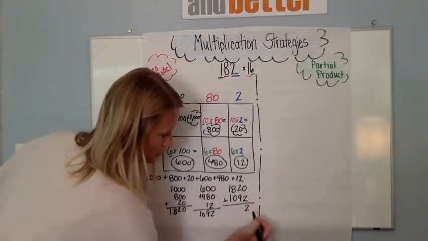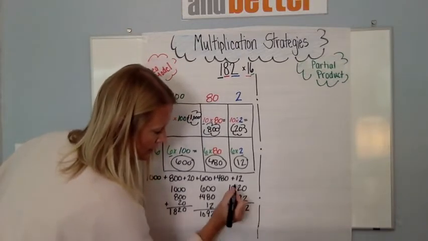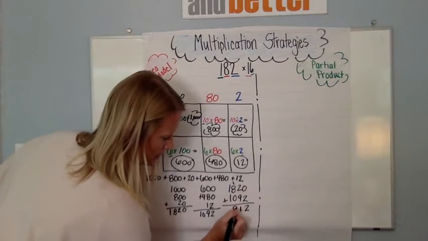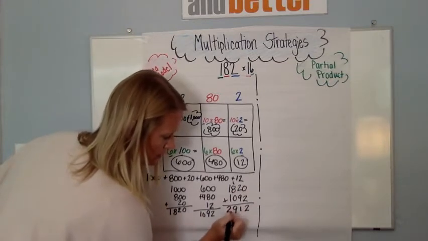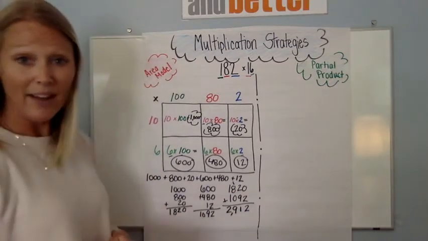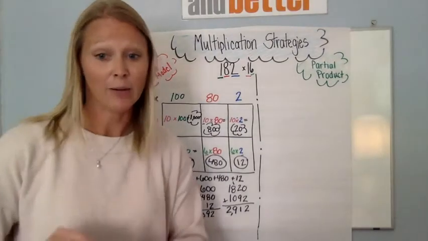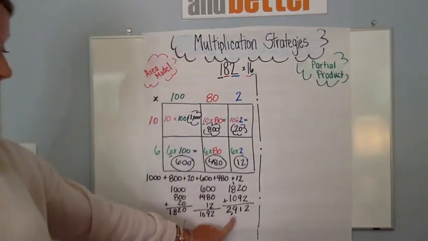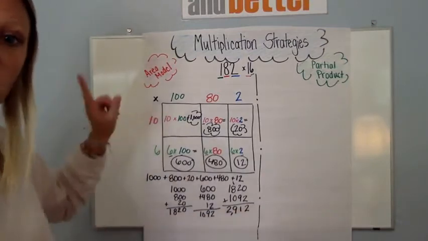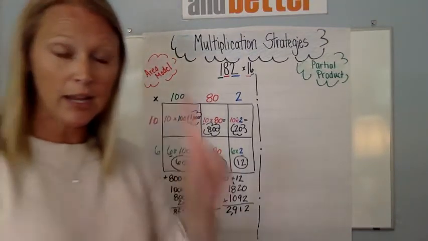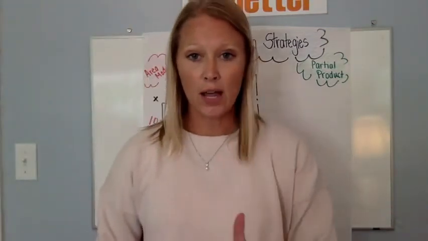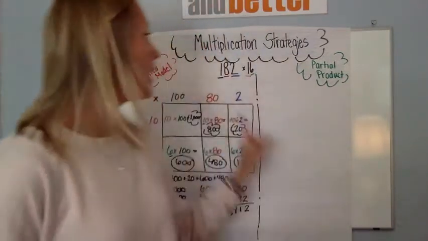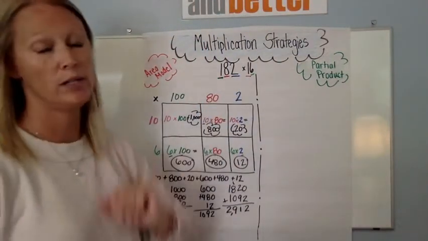I get 2, 9, 10, 11. Carry my 1. 9, 1 plus 1 is 2. Now I could check this if I wanted to with my calculator, and I would get 2,912. So this is one strategy using area model to find the product of 182 times 16.